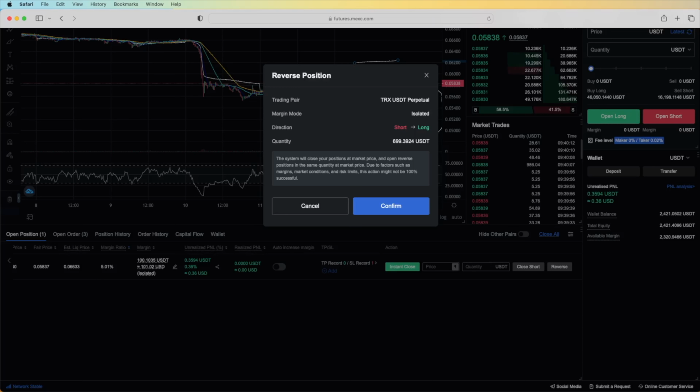For example, if you have a short position and you reach a big support, when you press this one, it's gonna close your short position and open the long based on the market price.